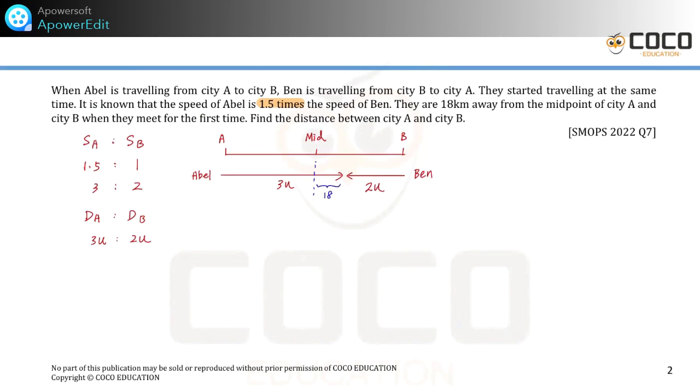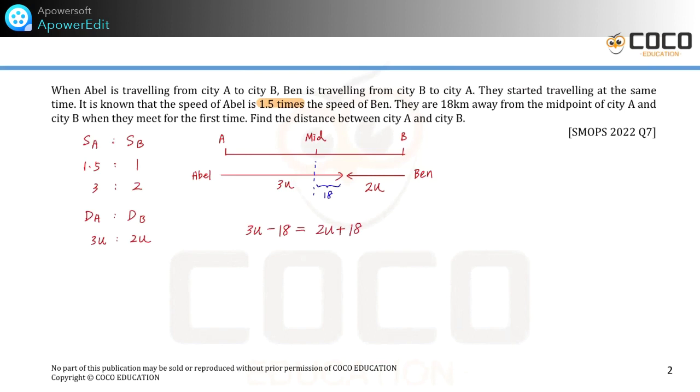So this part is 18. Abel traveled 18 km more than half. So 3U minus 18 equals half of the total distance. For Ben, this is 18 less than half. So 2U plus 18 also gives us half of AB.